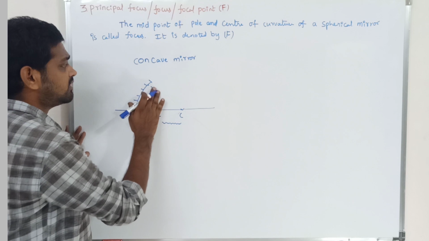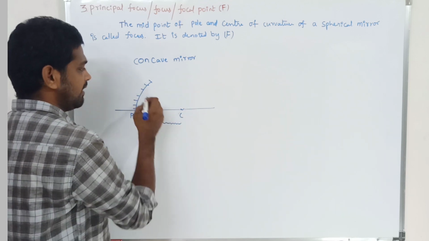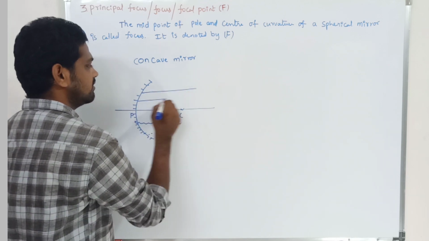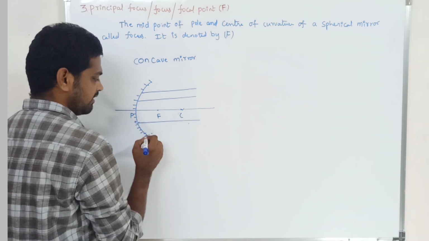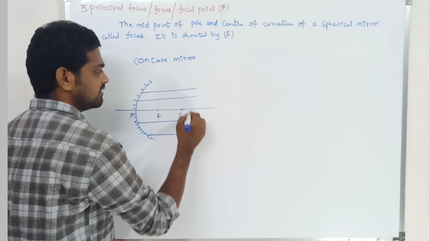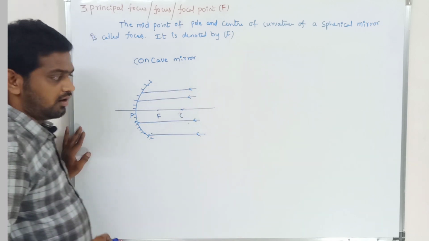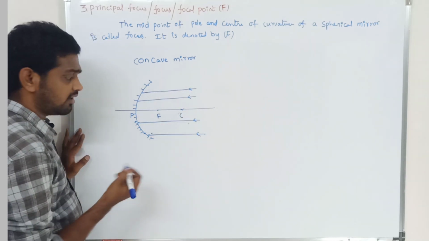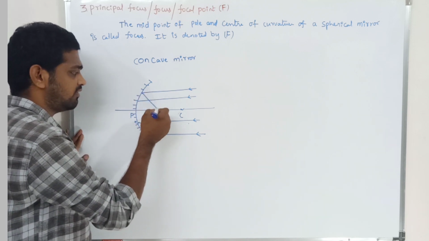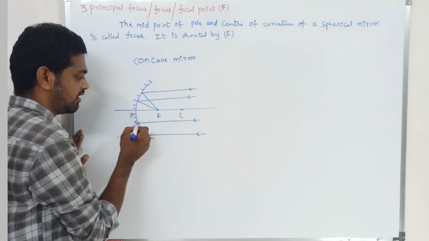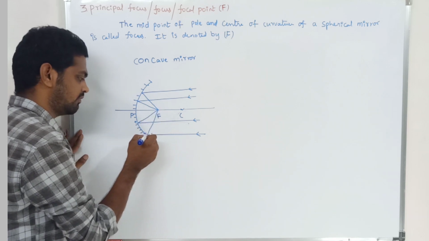Clear? See, first suppose I had taken a beam of light parallel to the principal axis. So these are the rays. After that, how will you get the reflection of those rays? The reflected rays will converge at the focus.